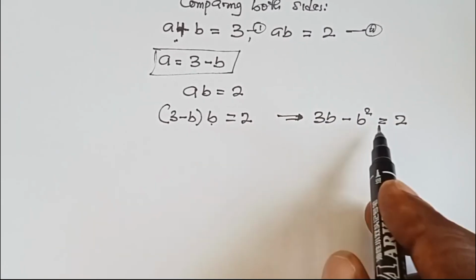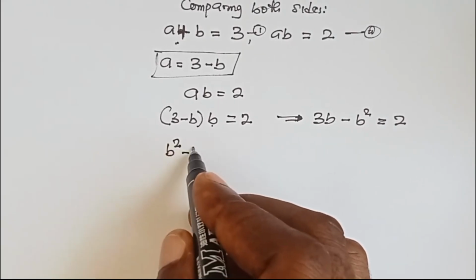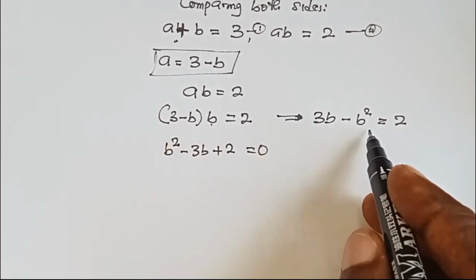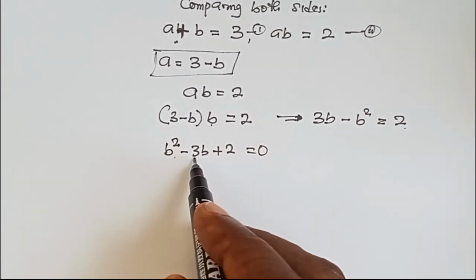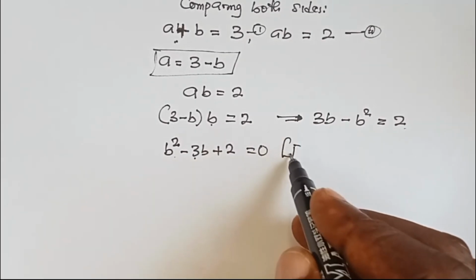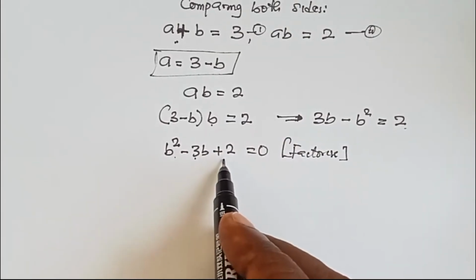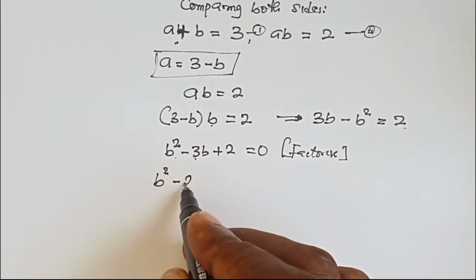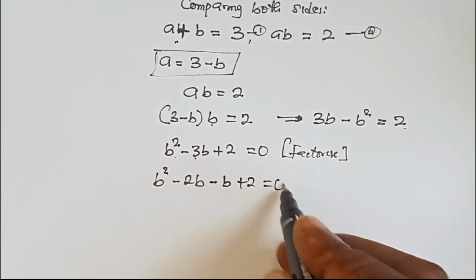Let's rearrange. It becomes b squared minus 3b plus 2 equals 0. Then we factorize. Factors of 2 that give us minus 3 are minus 2 and minus 1, so b squared minus 2b minus b plus 2 equals 0.